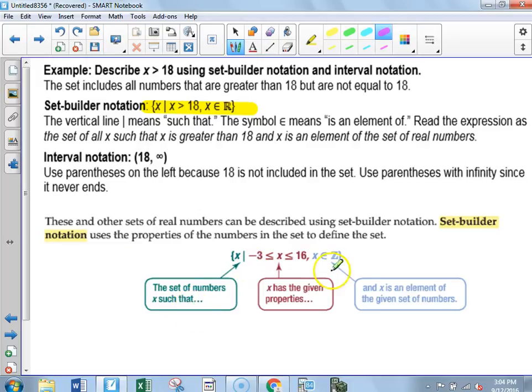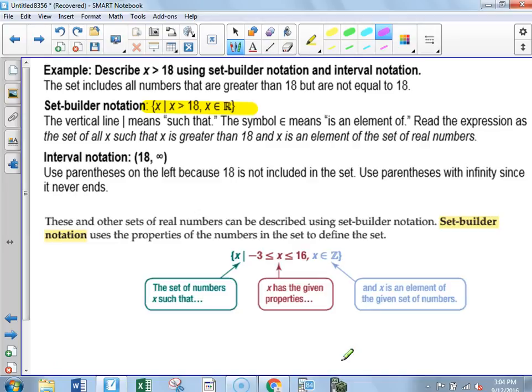One more time, at the bottom is one more example of set builder notation. The set of numbers x such that x has the properties of being between -3 and 16 inclusive, where x is an element of, and this says Z. What's Z, guys? Integers. So anybody know what integers would fall in between there?